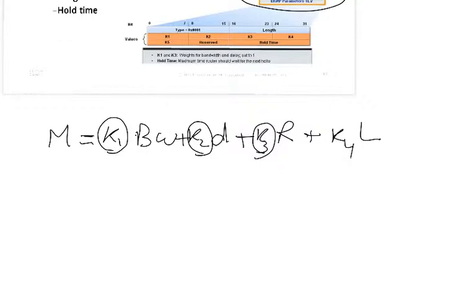K2 and K4 are 0, which indicates that the reliability and load are not part of the default mode. But the administrator may choose to include them. The administrator decides that based on the application? Exactly, based on the application.